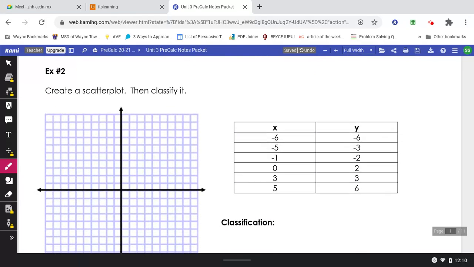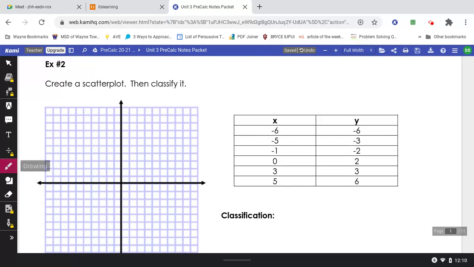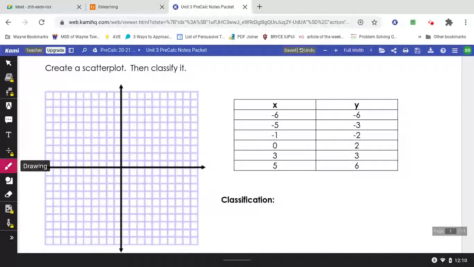For example 2, we are going to create a scatter plot, and then we're going to classify it. So this is just remembering how to graph your ordered pairs. This should be pretty simple. -6, -6. That would fall right there. -5, -3. -1, -2, 0, 2, 3, 3, and 5, 6.